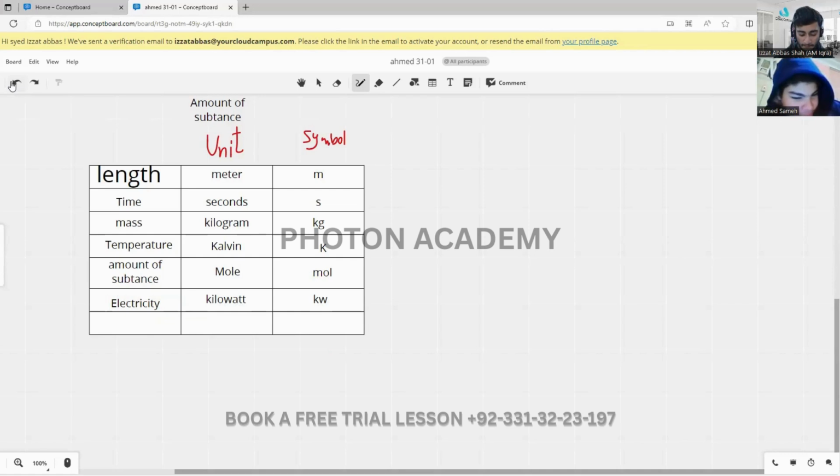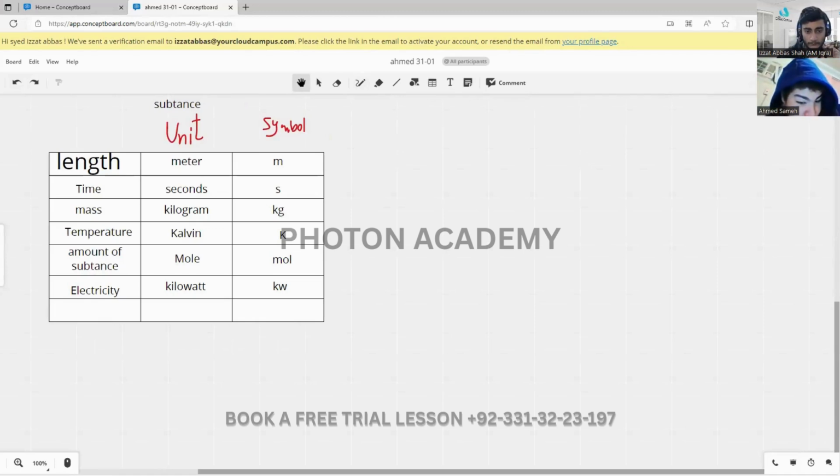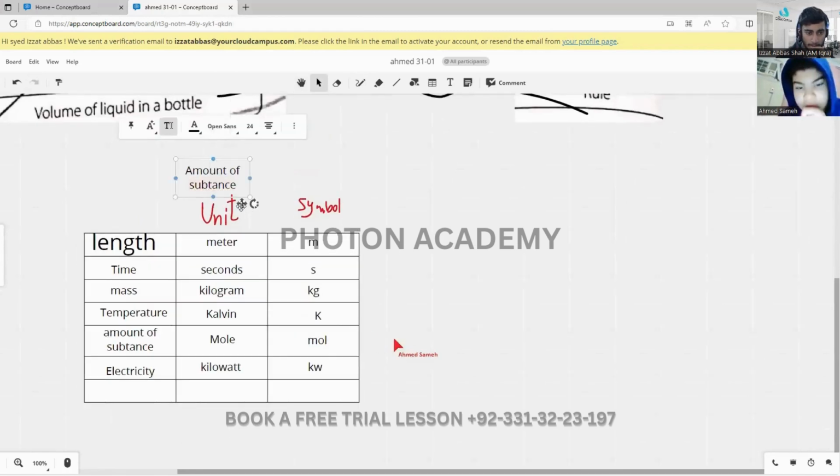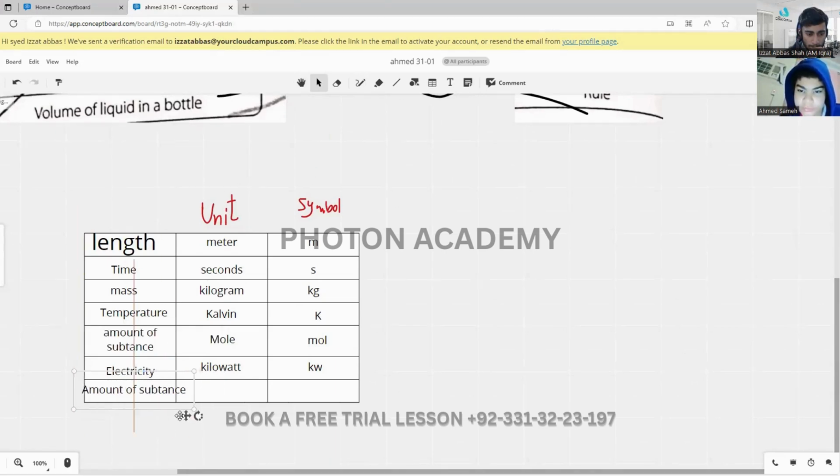And then intensity of light is there. Move it here. Okay. Fine.